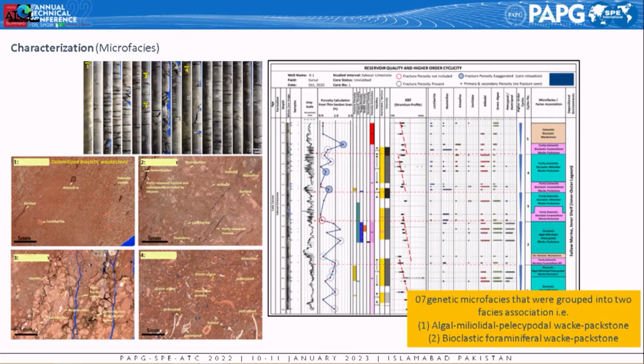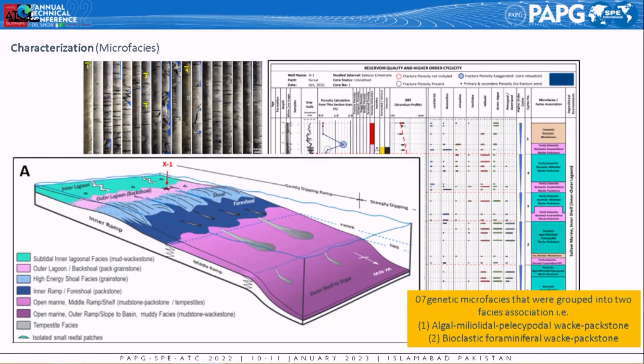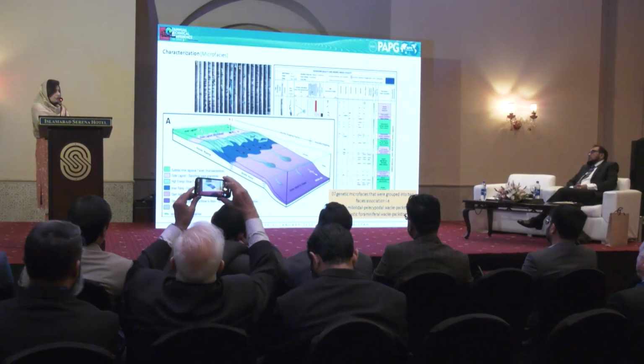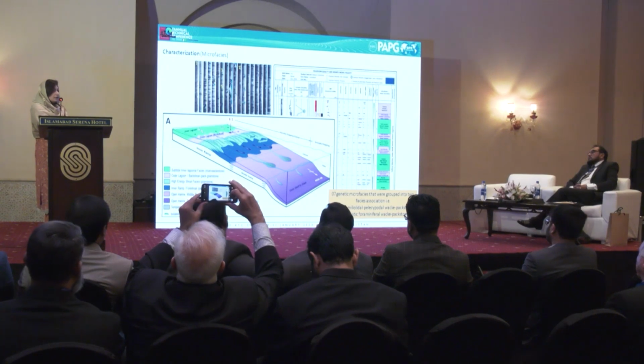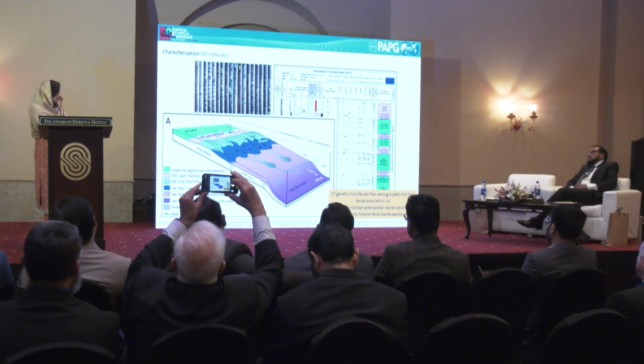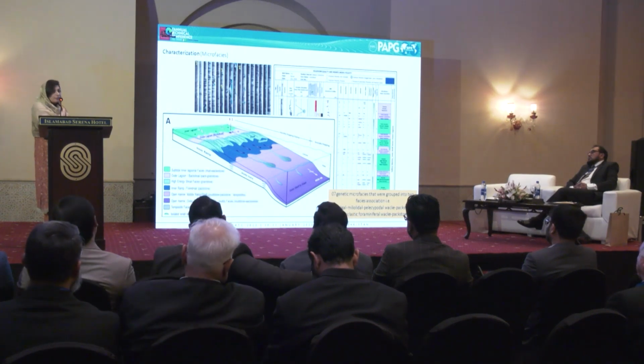Number 1 is the algal miliolid pelecypod wackestone packstone, which is considered to be deposited in the inner lagoon setting, and the second one is the bioclastic foraminifera wackestone packstone, which is considered to be deposited in the outer lagoon. So on the basis of the information from the core data, the environment of deposition is inner to outer lagoon. Some coral patches are also developing in this area on a westward dipping ramp.